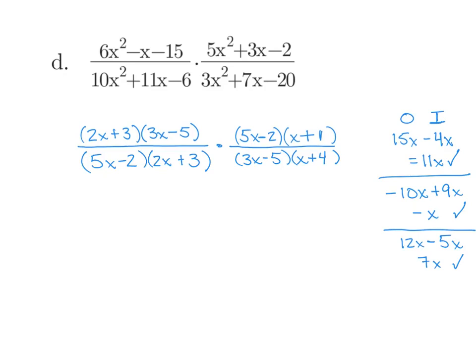So finally, we want to go ahead and cancel common factors. What do we have in common? Well, I see a 2x plus 3. I see a 3x minus 5. And I see a 5x minus 2 appear in tops and bottoms of our fractions. So now what is left over? On top, I am left with x plus 1.